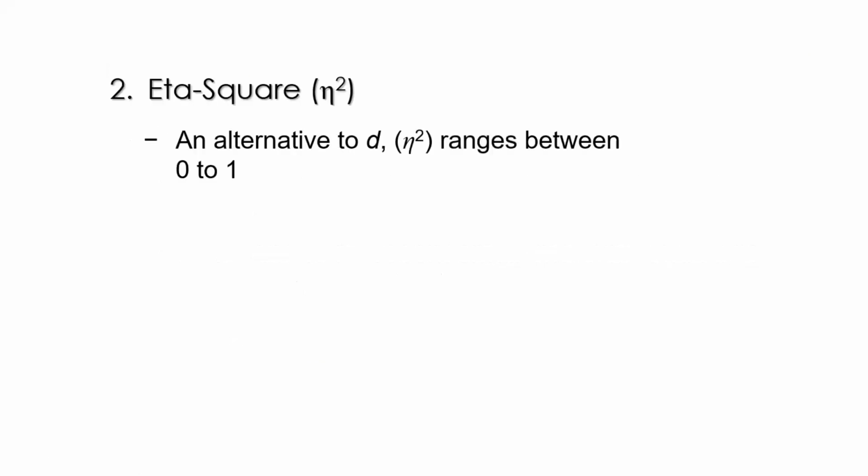Okay, the second option we can use eta squared. Okay, but no worries, in this class we are not highlighting the manual calculation. I just include the manual calculation, but later on it is just based on interpretation of the ready-made output only. Eta squared ni is an alternative to D statistic in which it ranges from 0 to 1 only.